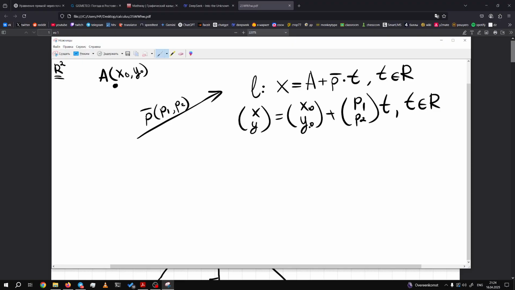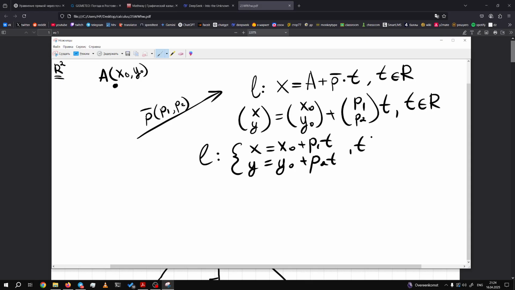Look, x naught y naught is the coordinates of A, p1 p2 of vector P. It's actually linear algebra. We study calculus in this video, but it actually looks like linear algebra. If you multiply it, you will have such a system that x is equal to this one and y is equal to this one, and of course do not forget that t belongs to R.